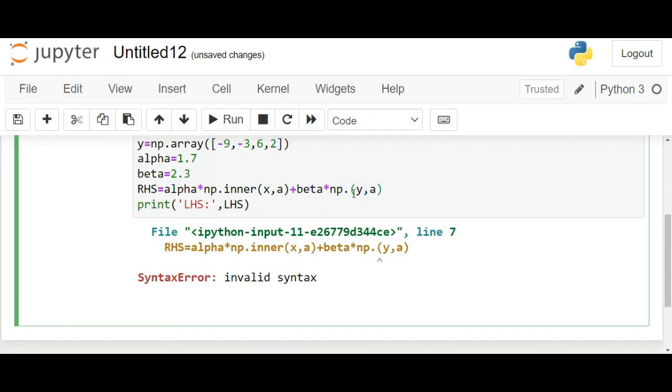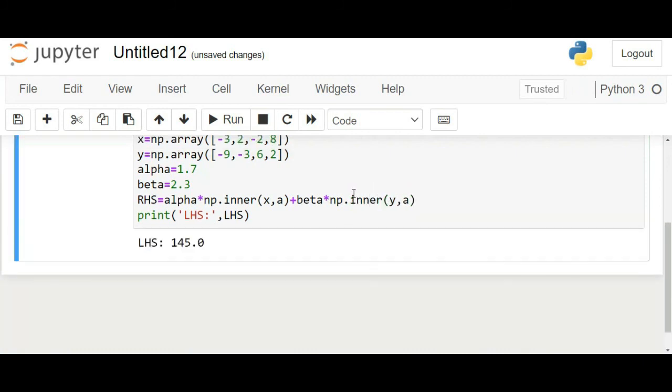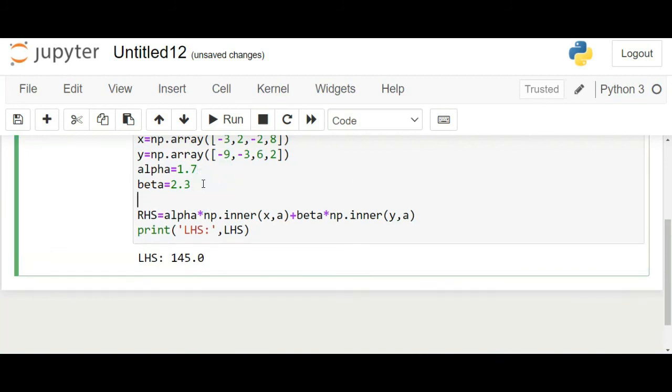Maybe over here it will be np.inner. Yes, now this will work, this is 145. So our left hand side and right hand side have the same answer. And if I put back the things that we removed before, the answer for the left hand side and right hand side is the same.